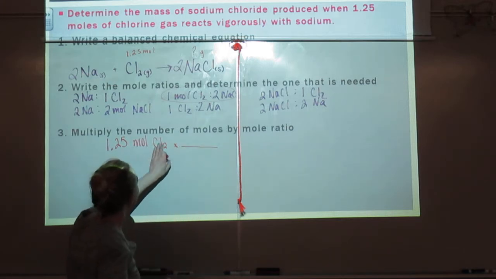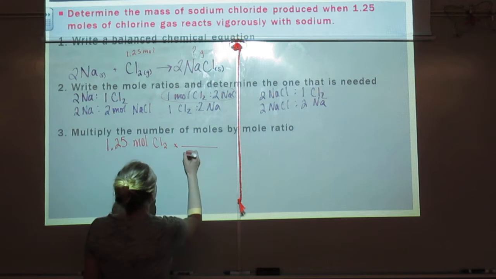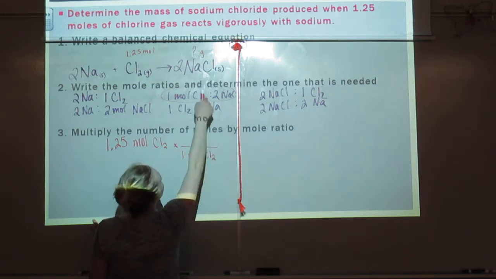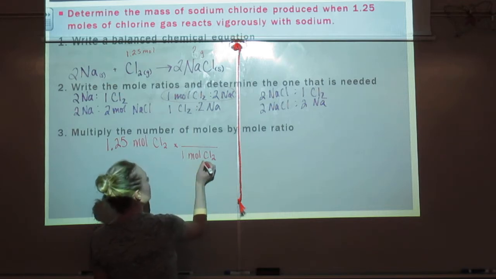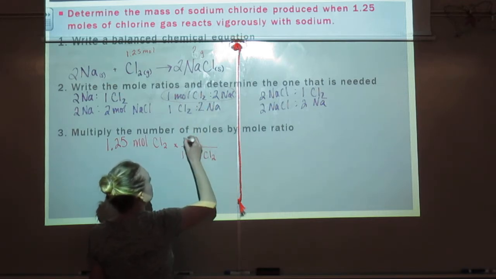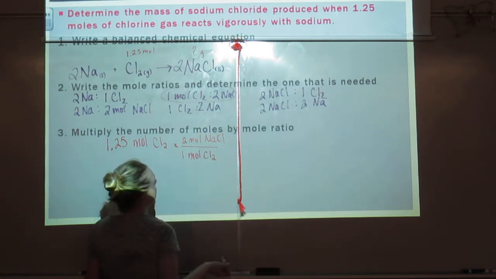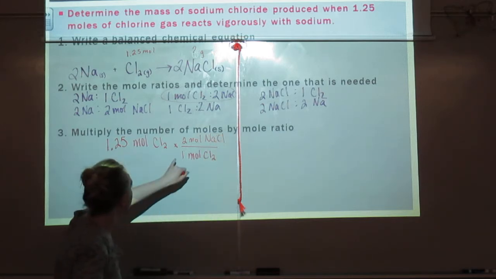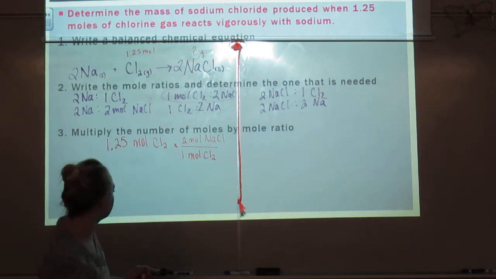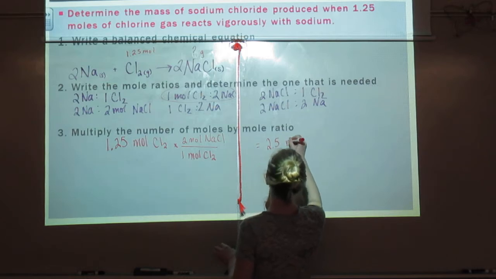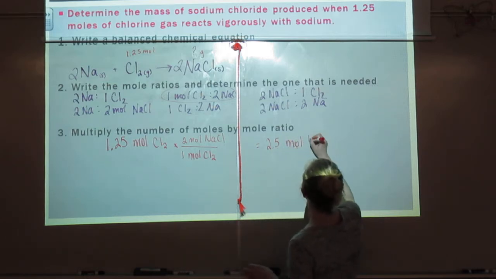We've got the chlorine, so 1 mole of Cl2, and I'm trying to find my NaCl. 1 mole of chlorine, according to this, equals 2 moles of NaCl. That's some easy math. Just do 1.25 times 2 equals 2.5 moles of NaCl.